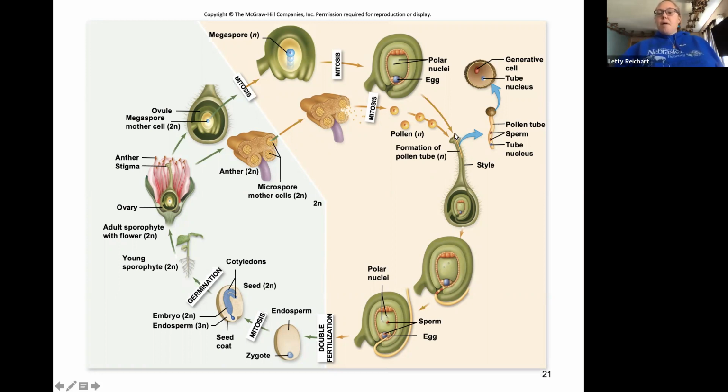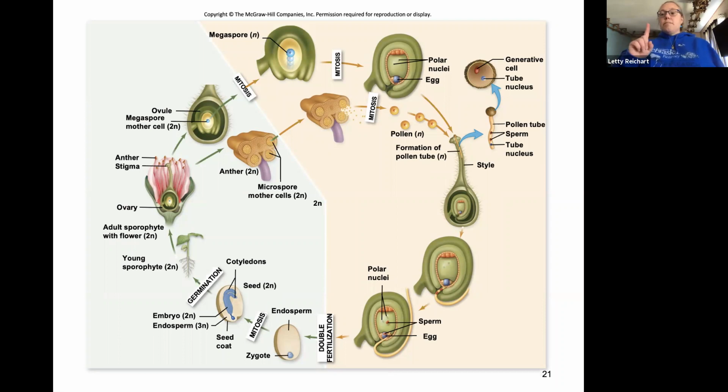Once that pollen lands on top of the stigma, it starts to grow a tube that grows all the way down the style and then inserts at the bottom at the micropyle end of the ovule. Remember I showed you where that opening was on those individual ovules? Once the pollen tube inserts itself, 2 sperm nuclei come down through the tube and go in to fertilize some of the haploid nuclei.